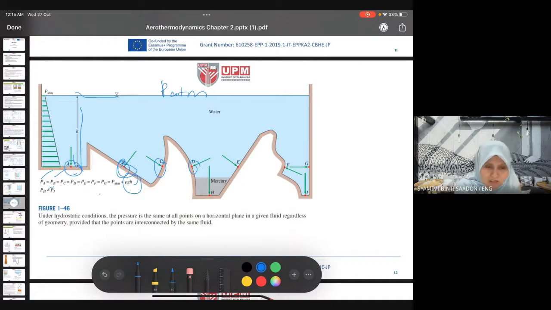Rho g is constant, and then h is the level.